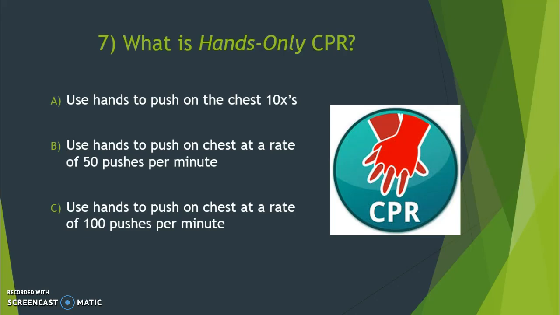Number 7. What is hands-only CPR? A. Use the hands to push on the chest 10 times. B. Use hands to push on the chest at a rate of 50 pushes per minute. C. Use hands to push on the chest at a rate of 100 pushes per minute.